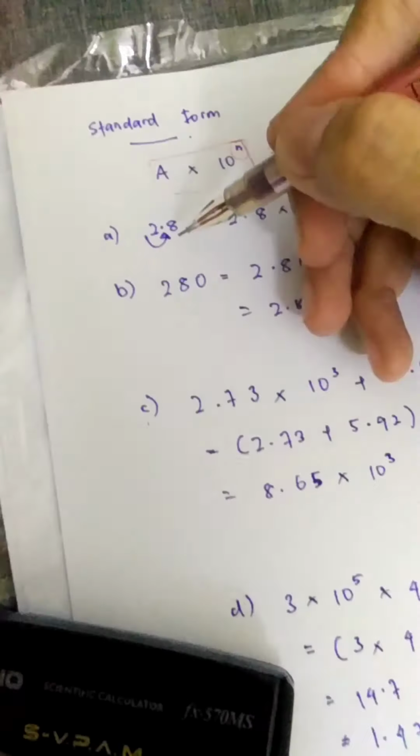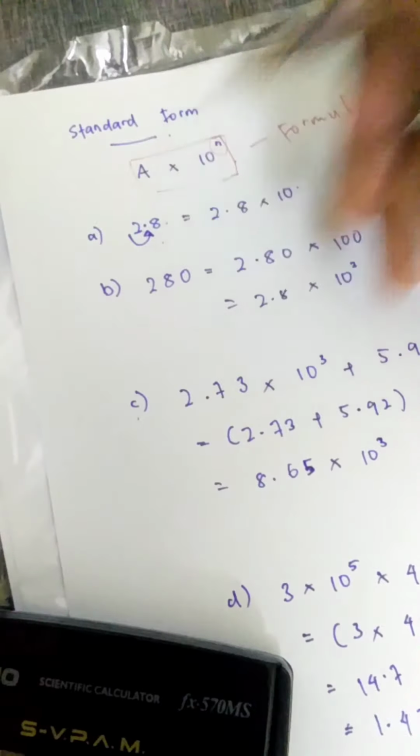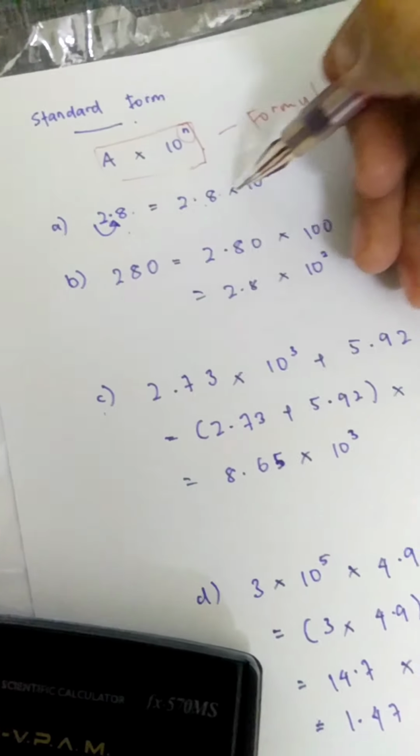Okay, for example, 28 equals 2.8 times 10.